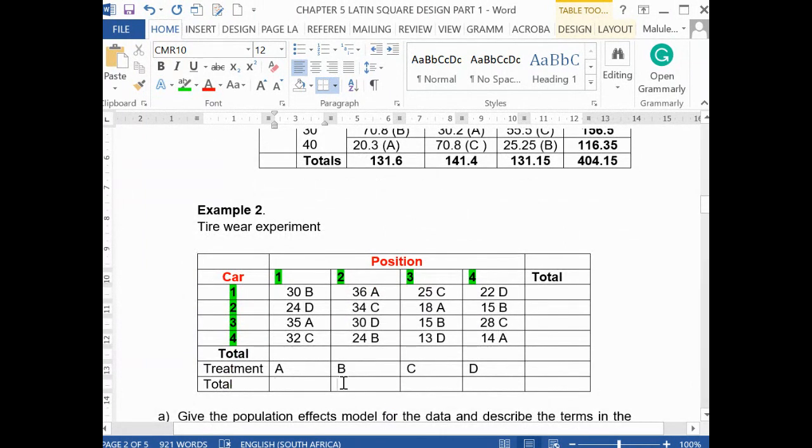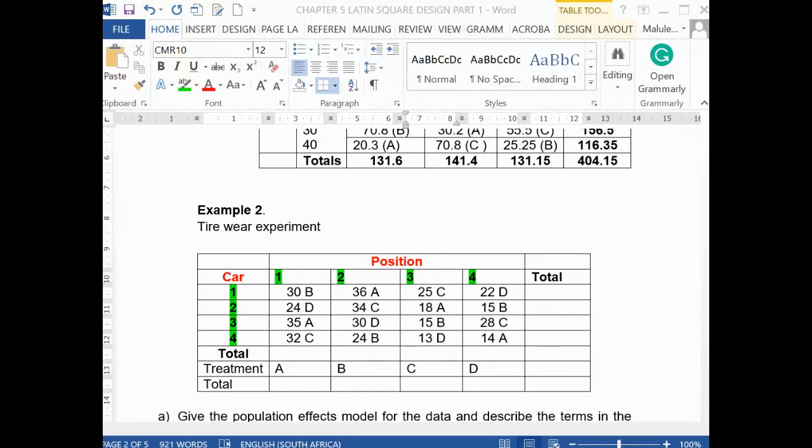Give me the sum of A, the sum of B, the sum of C and D. Tato, give me the sum of the cars. Nomvela, you give me the sum of the positions.